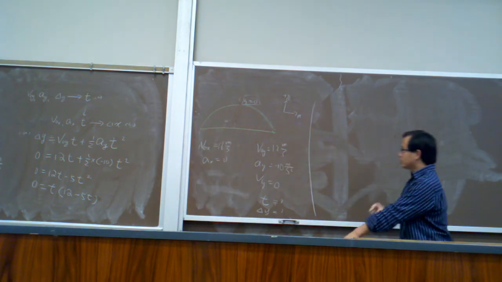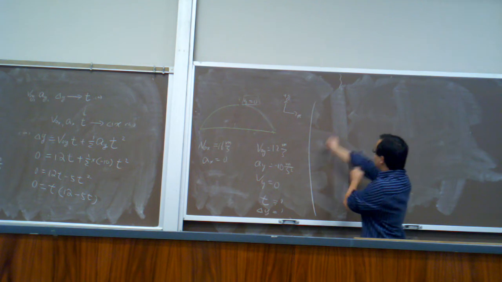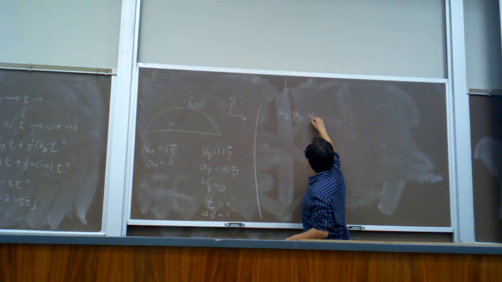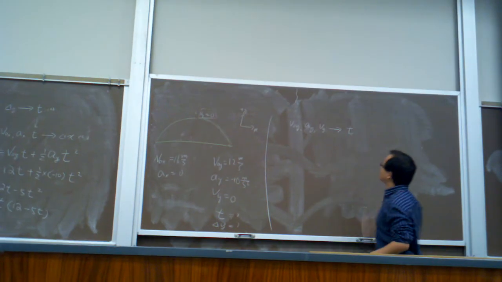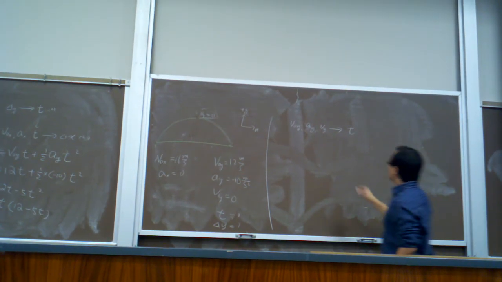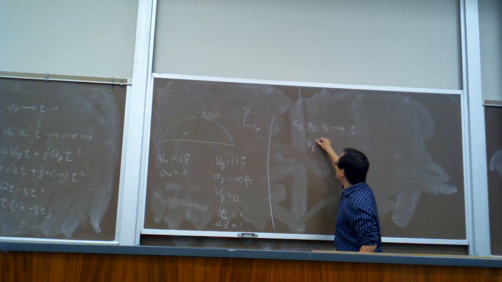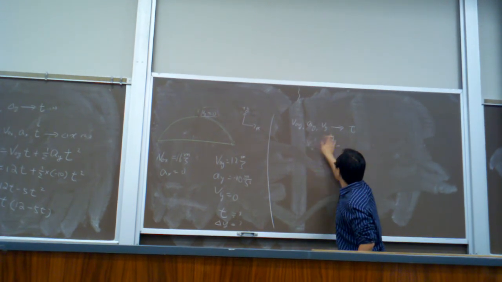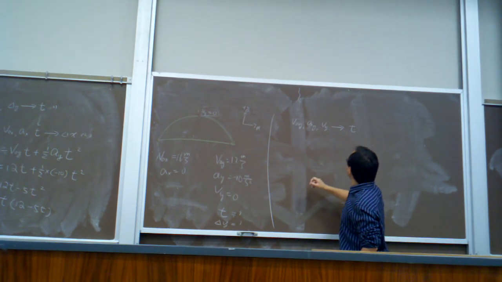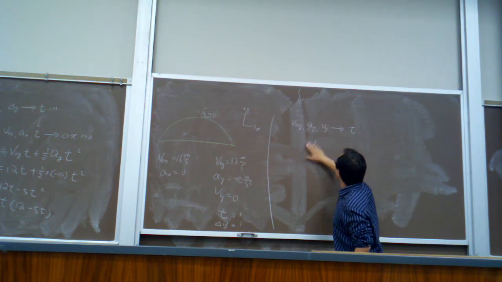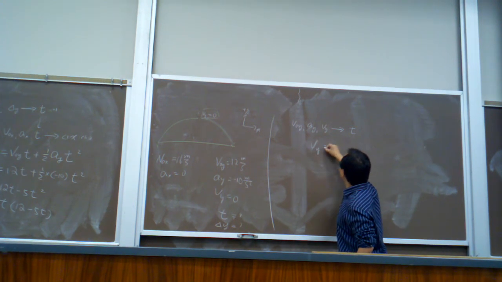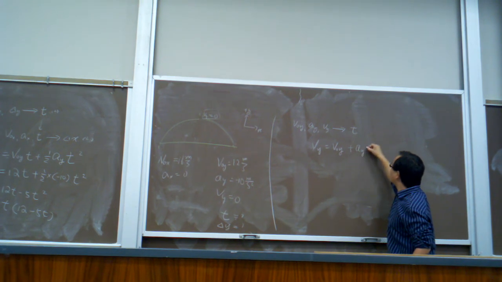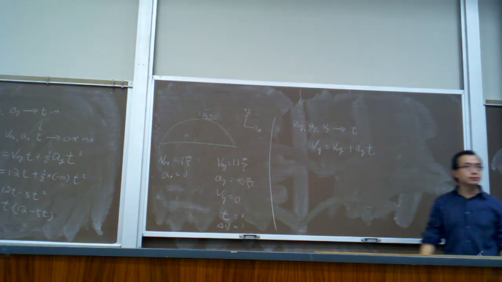So first, with v naught y, a y, and vy, we calculate t. Which equation can be used for that? You use vy equals v naught y plus a y t, right?